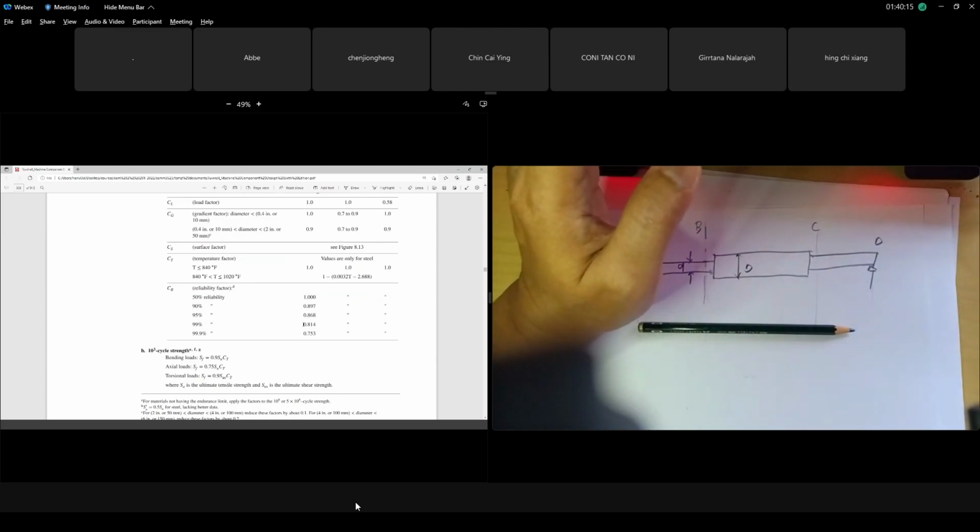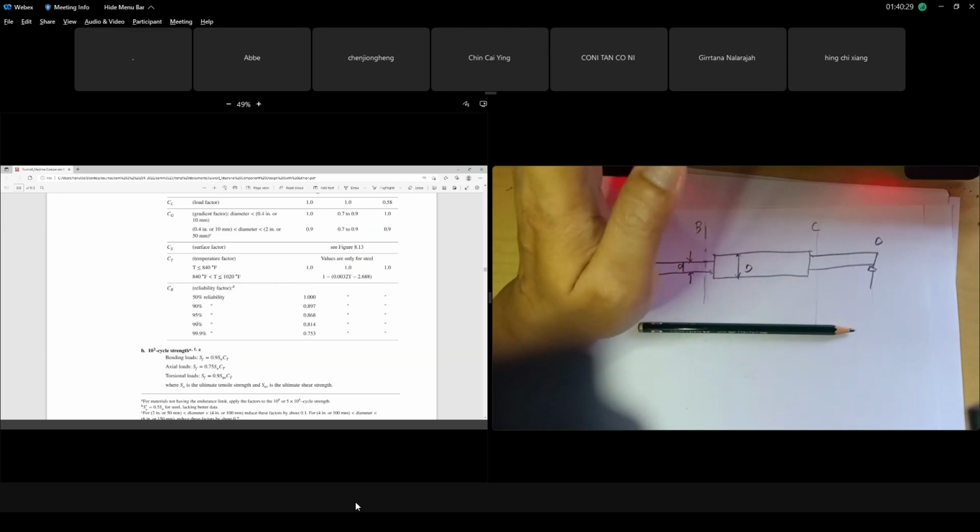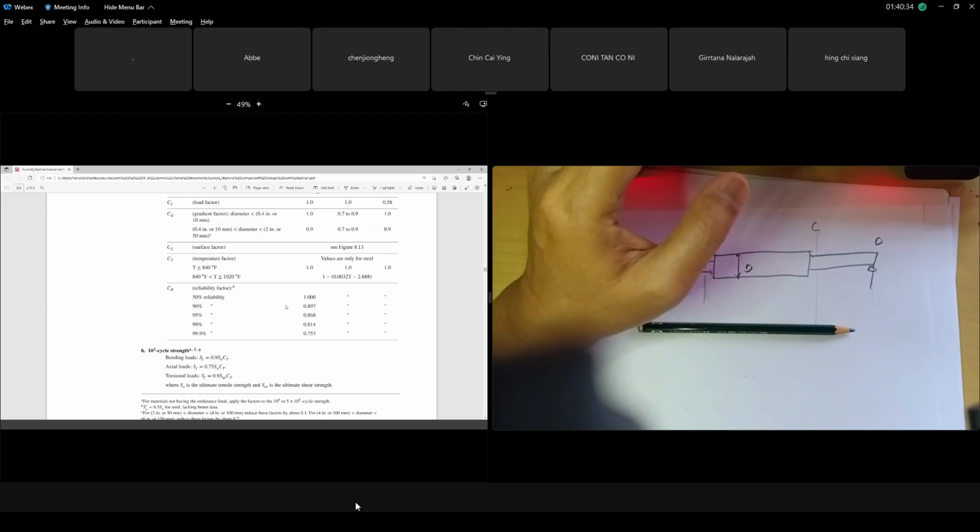If it's given in the question that the reliability of your system is 99%, we will use 0.814. For 95%, you use this one. I do not use interpolation. For reliability, we don't go for 97, we always go for 99%, 95 or 90. For 90%, it is 0.897. Be careful, always look in the question.